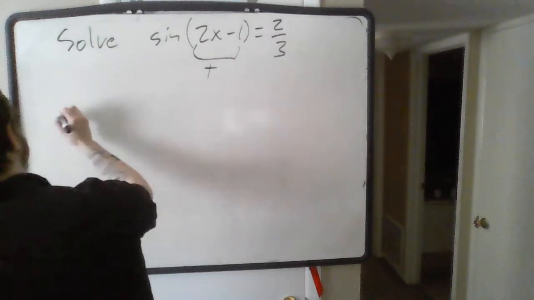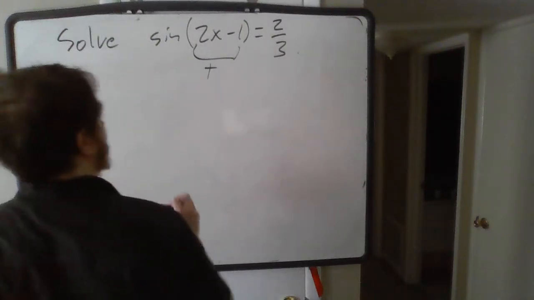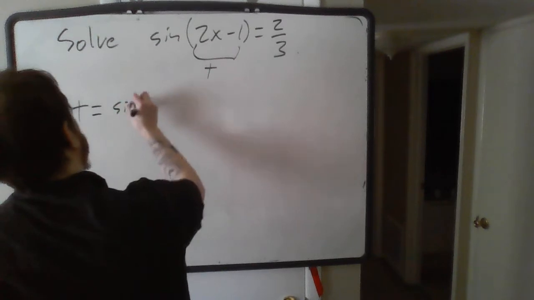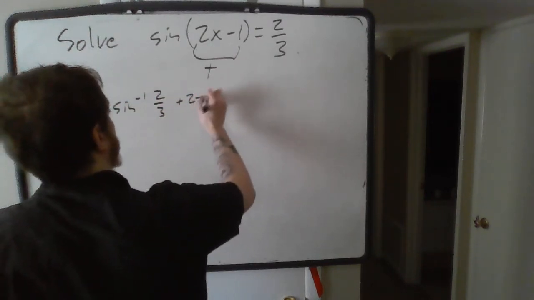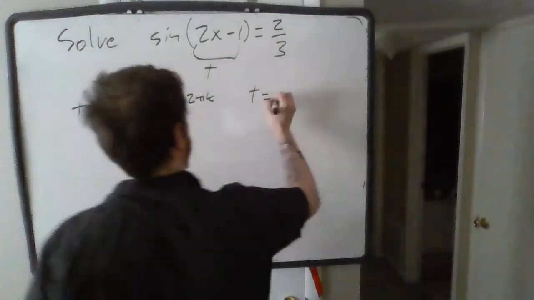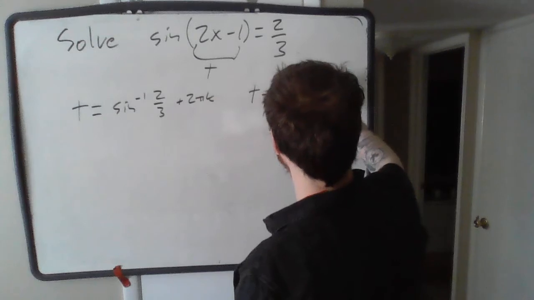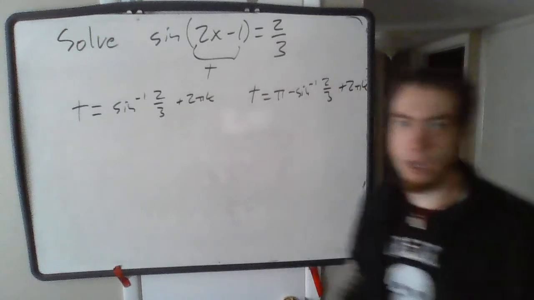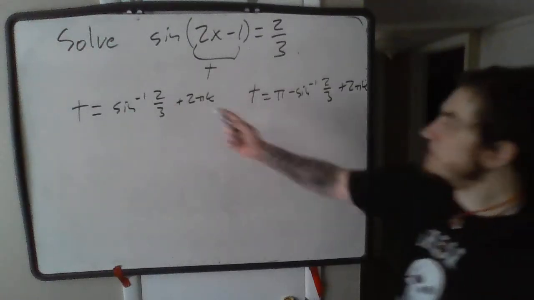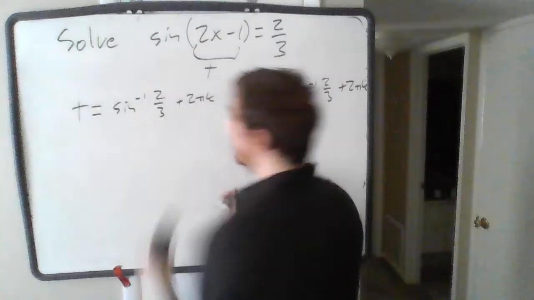And we can say the solutions in general are that t has to be equal to the inverse sine of 2/3 plus 2 pi k, or t has to be equal to pi minus inverse sine 2/3 plus 2 pi k. But this is actually what t is equal to. So we get a couple of possibilities.